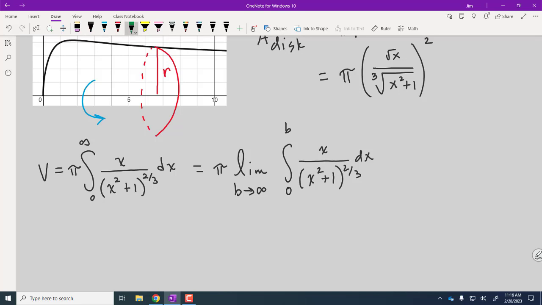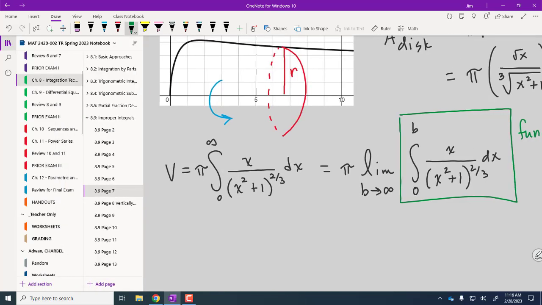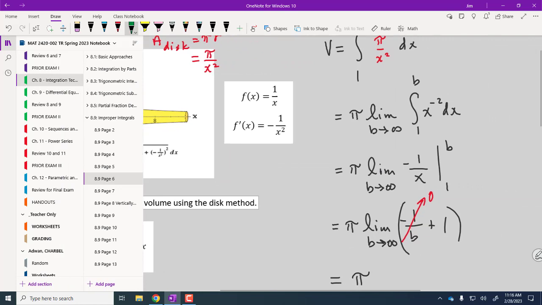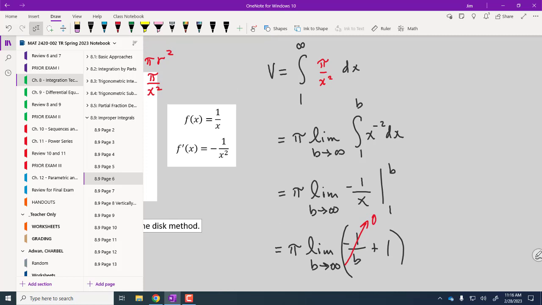And let me just say one thing about this. Hopefully, when you look at that, what you should be seeing is that that is a function of b. That green box, this is a function of b. Let's just go back for a second and look at any of these. When we get down to the end, we have a function of b that we take the limit of. So this integral right here, as soon as we get a b, this is a function of b.